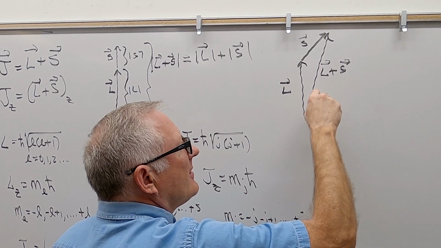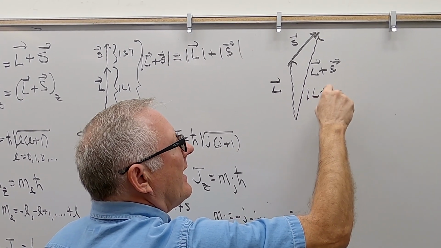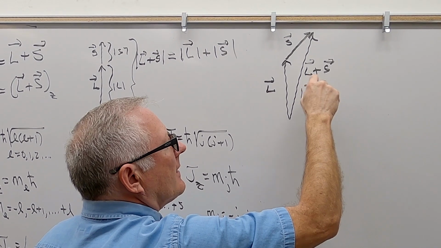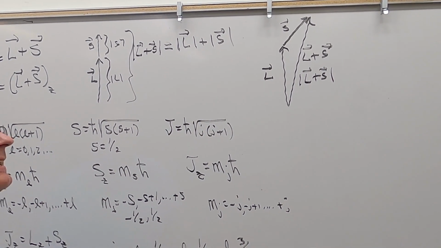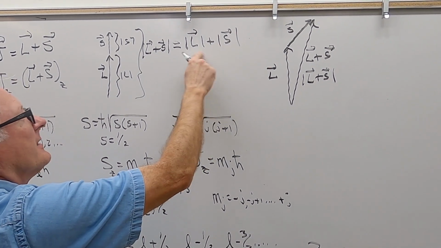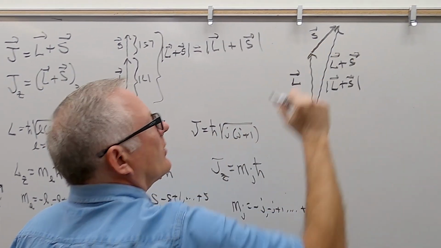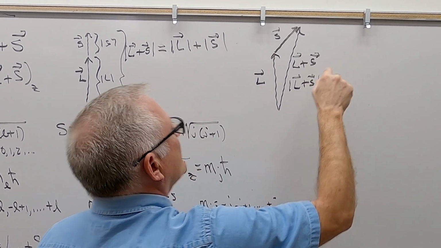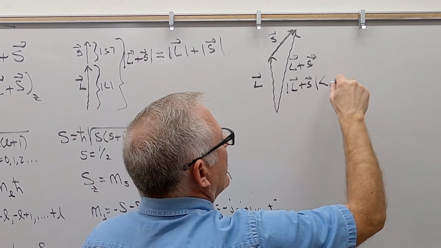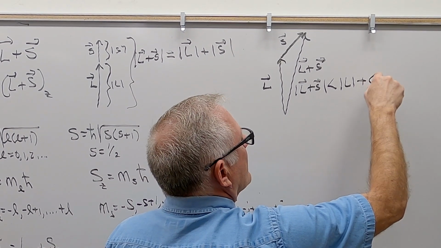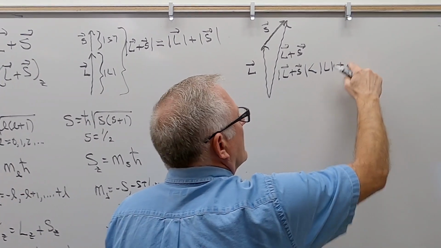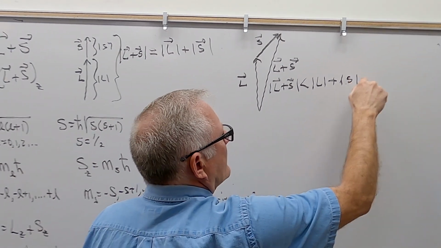So the magnitude of L plus S is less than the magnitude of L plus the magnitude of S.